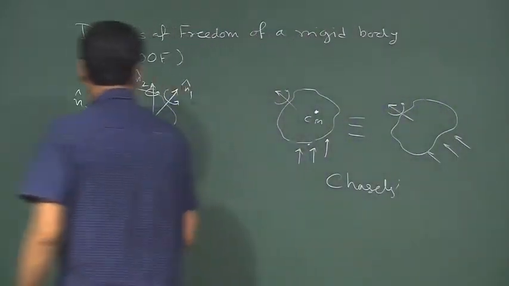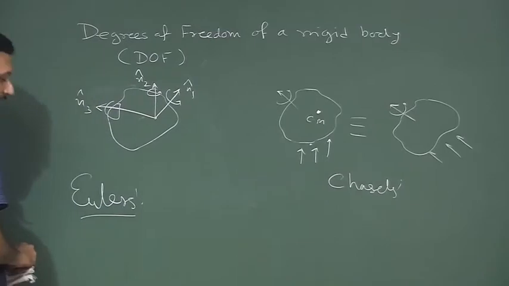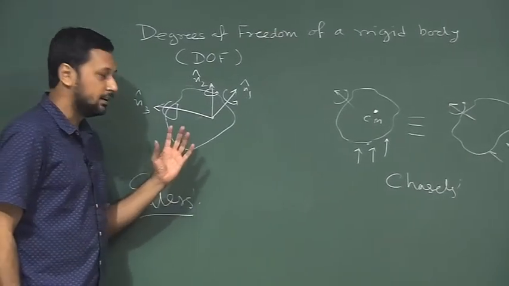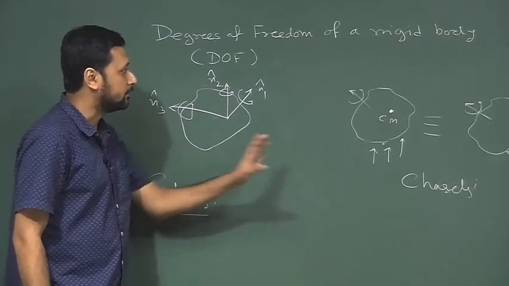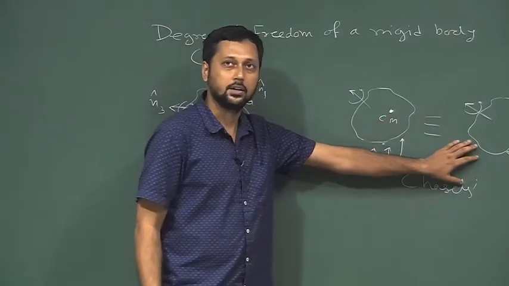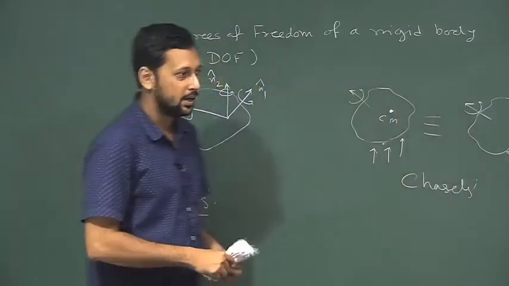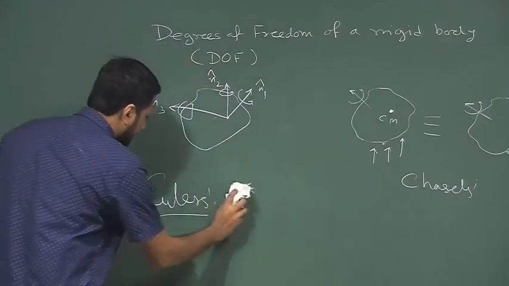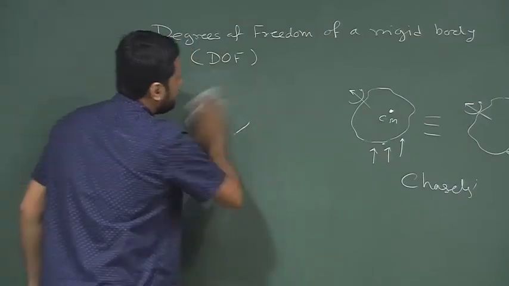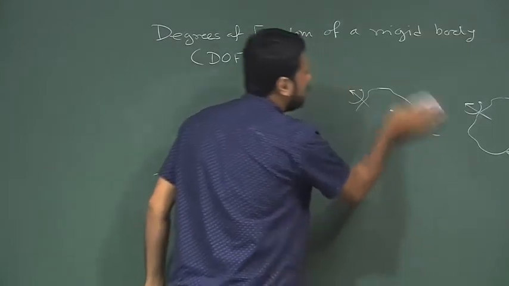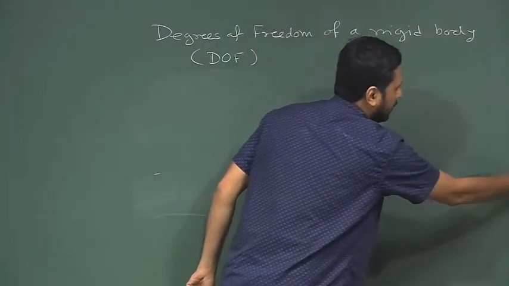What is important is we can always represent the dynamics of a rigid body in terms of some sort of rotation around some sort of fixed axis. That is very important, and for the rest of this discussion we will be focusing on the rotational dynamics of a rigid body only.